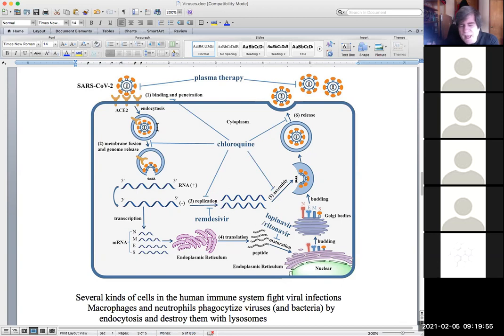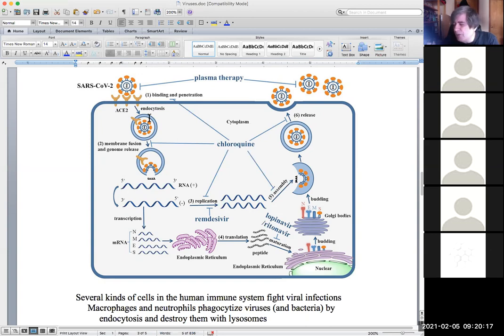Now, once they attach, then the virus enters the cell. In the case of SARS-CoV-2, it actually enters still attached to the receptor. The receptor kind of pivots and twists and pulls this virus into the cell.